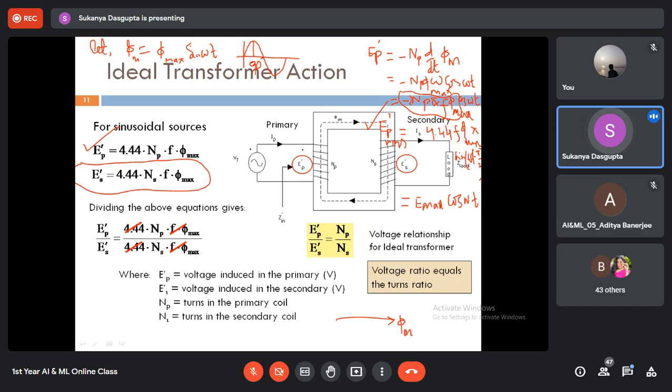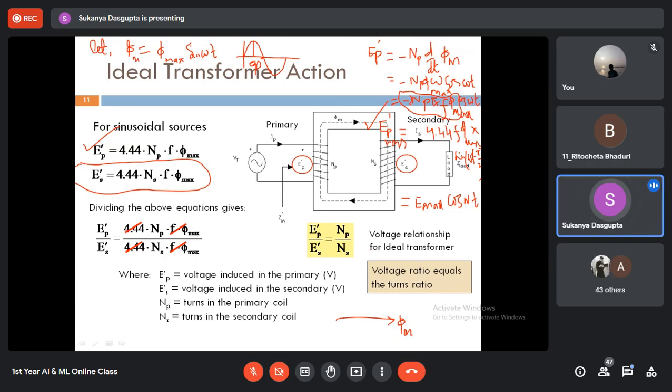Tell me whether it will be lagging or leading the flux signal. Lagging. Yes, the induced EMF at the primary side will be lagging the flux, because cos omega t can be further represented as sine of omega t minus pi by 2.